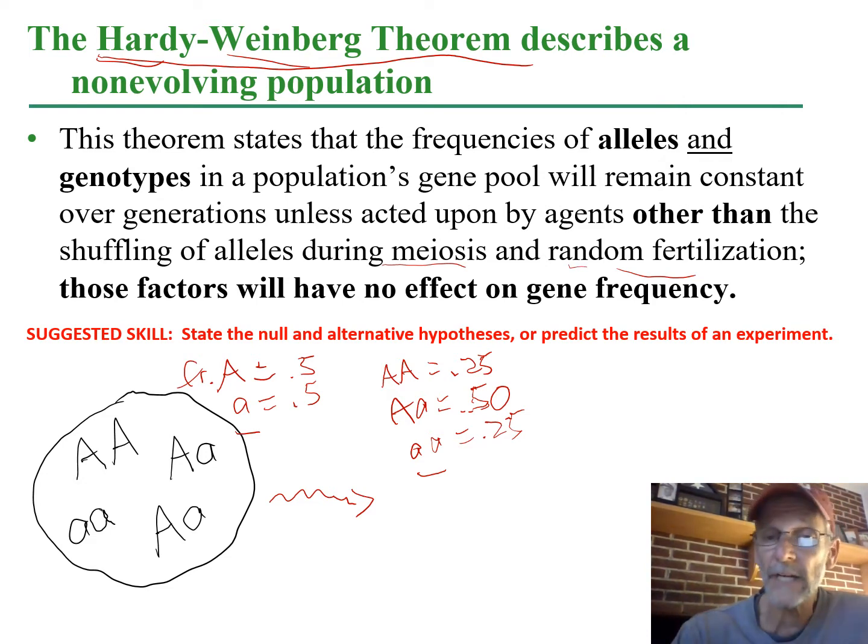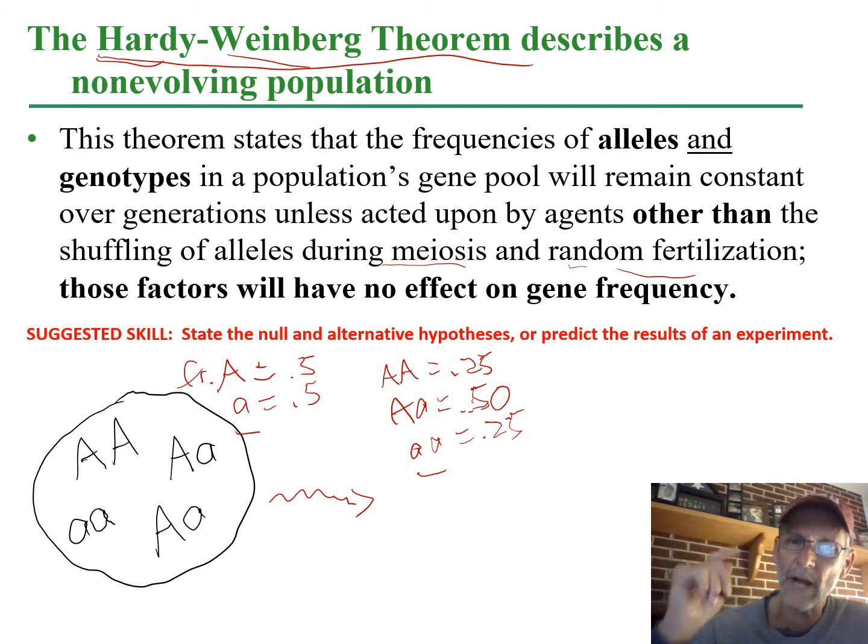You might get new combinations of genes, but these won't change unless something is causing them to change. And those somethings are what we're going to now talk about, natural selection being one of them that can cause these to change. But now we're going to add 3 or 4 others to that list of things that can cause gene frequencies to change.